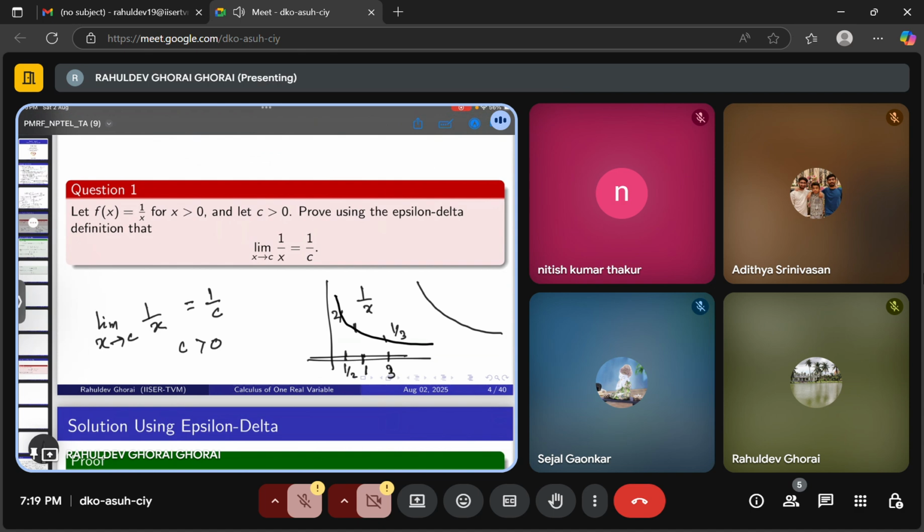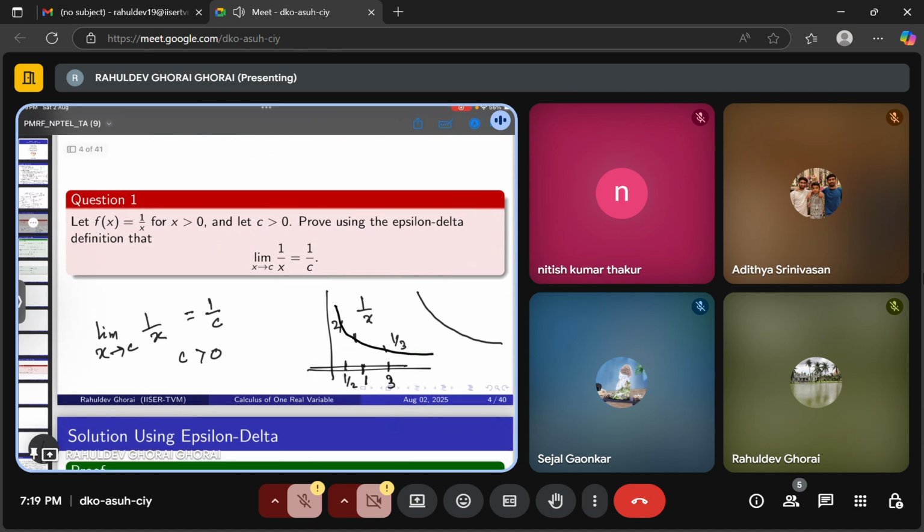But how do you prove that the limit as x tends to c of 1 by x is equal to 1 by c using the epsilon delta definition? Because the epsilon delta definition is more generalized, and it is the most precise one. For this limit, you can maybe do it much more easily.